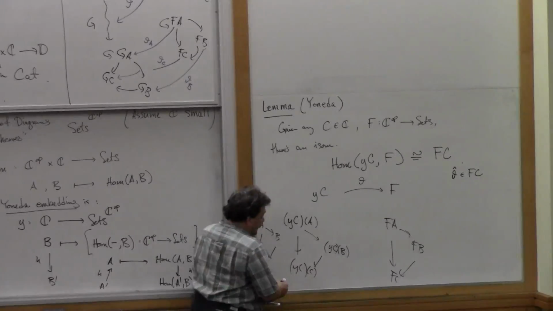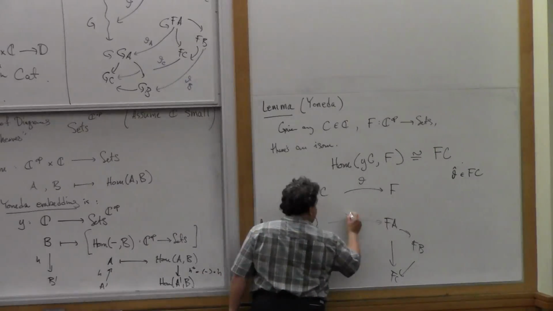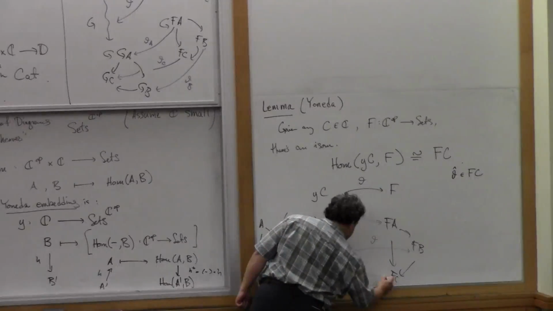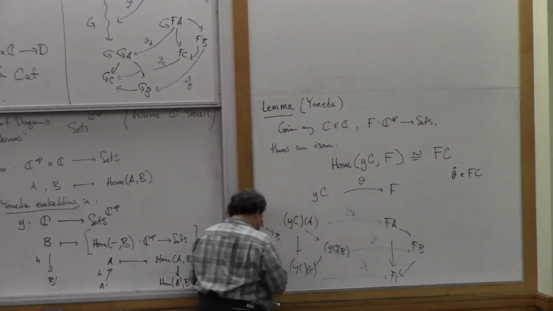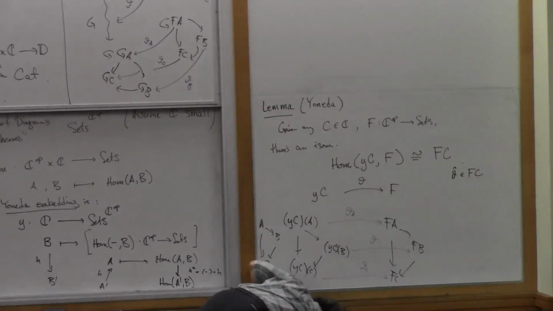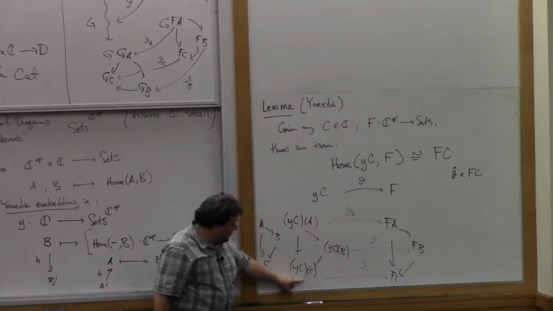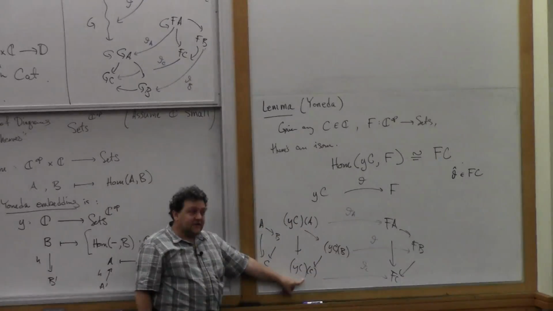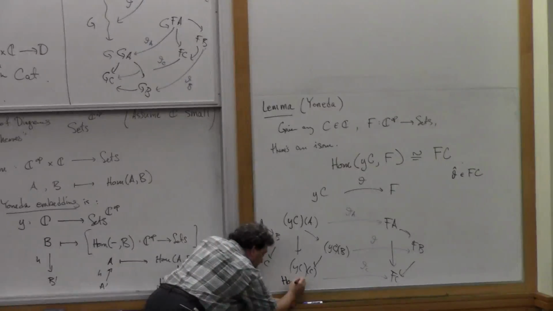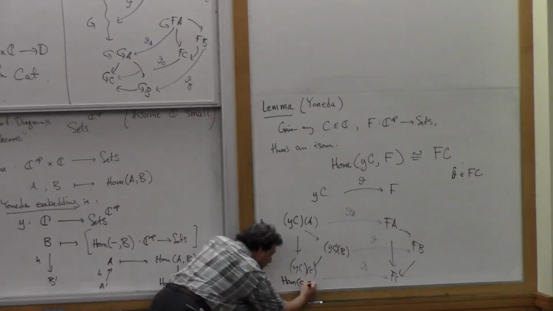And then apply theta. This is theta at A, theta at B, theta at C. So apply theta C to a certain distinguished element in here. What could it be? Well, what is that? That's Hom(C, C).